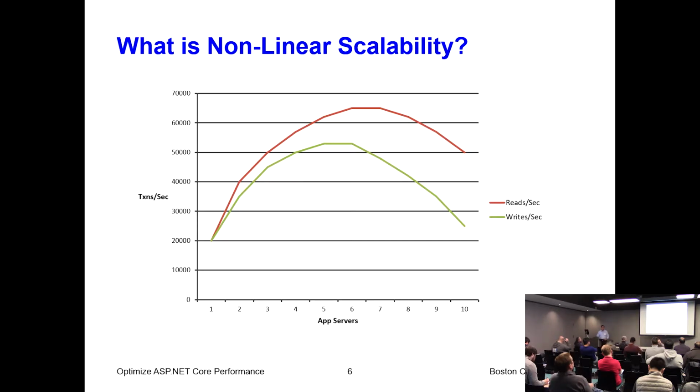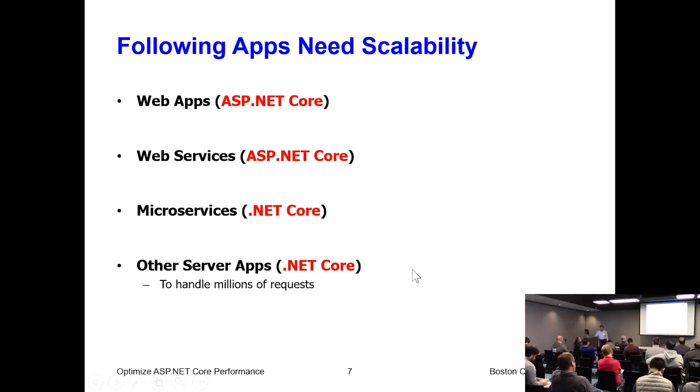So which applications need scalability? They're generally server applications. These are web applications, ASP.NET Core, web services, which are used by other web applications. Web services could be independent applications that are being used by external applications, or they could be part of web applications that you're developing.